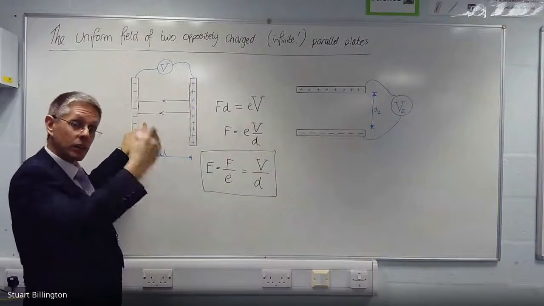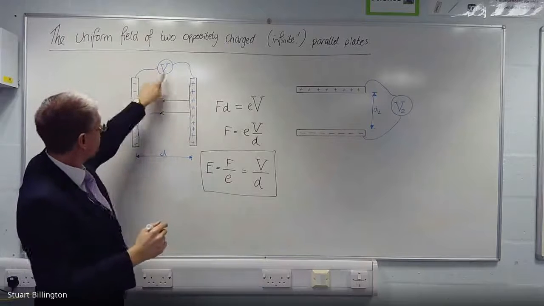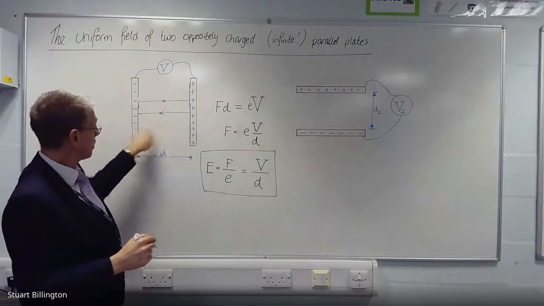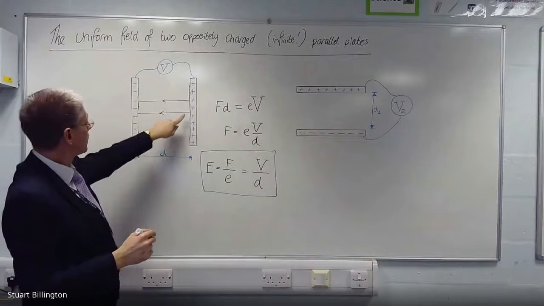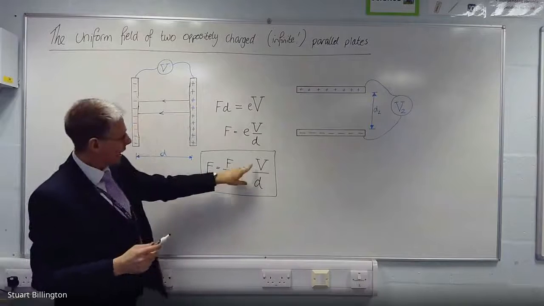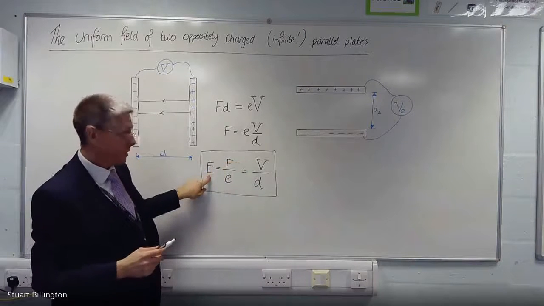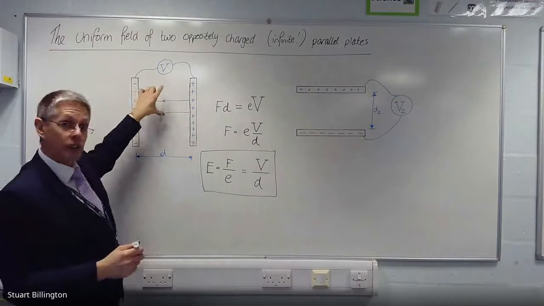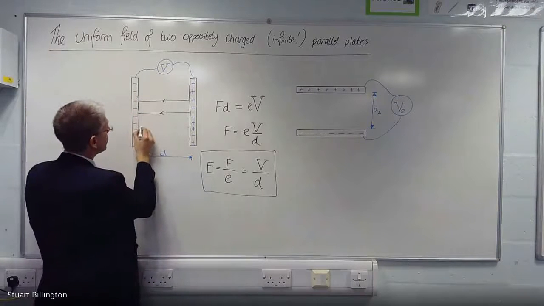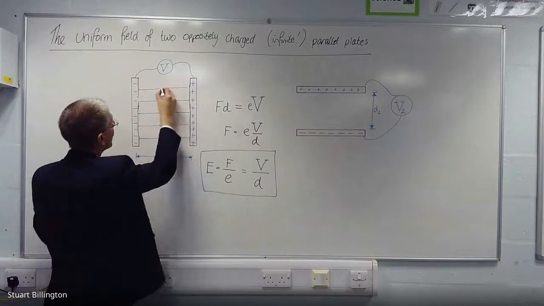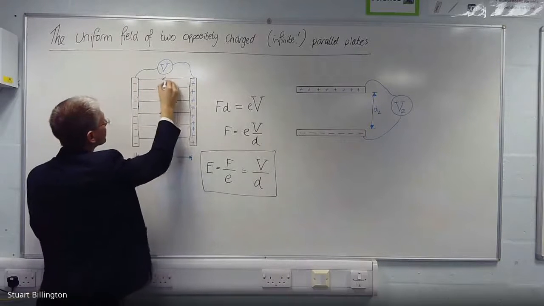Any vertical bits cancel out, because any upwards pull from the top of the plate is cancelled out by a downwards pull from the bottom of the plate. So the arrows are horizontal and they have a constant magnitude for the electric field, which translates to a constant density of lines. So when we draw these lines in, we need to draw them evenly spaced.